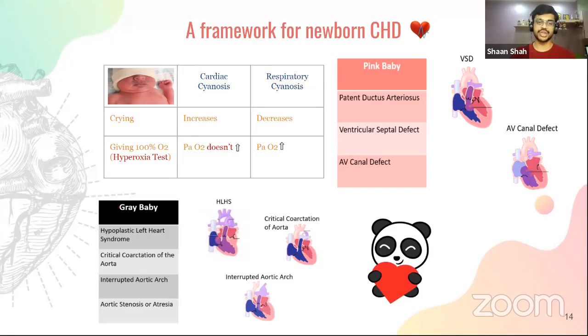The obstruction in the left outflow tract leads to the gray baby, meaning there is decreased blood being pumped out due to obstruction. The examples being hypoplastic left heart syndrome, critical coarctation of aorta, interrupted aortic arch, and aortic stenosis or atresia.